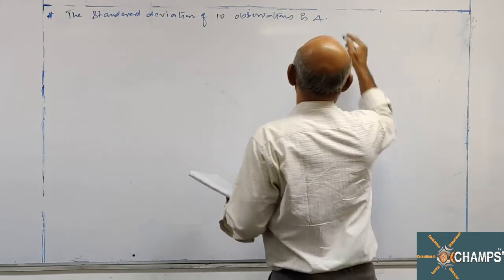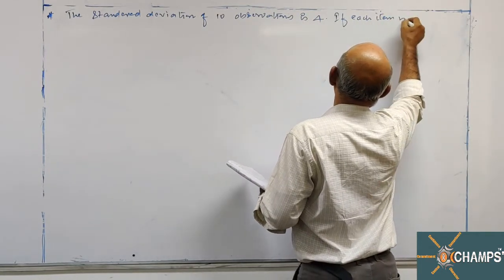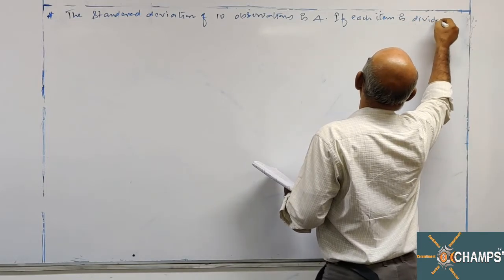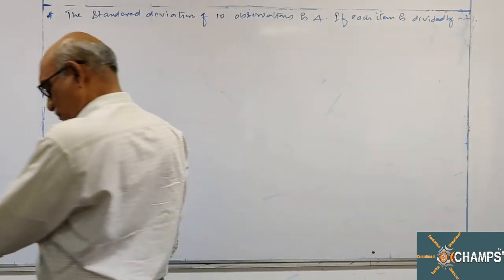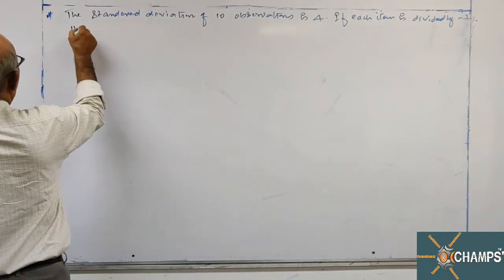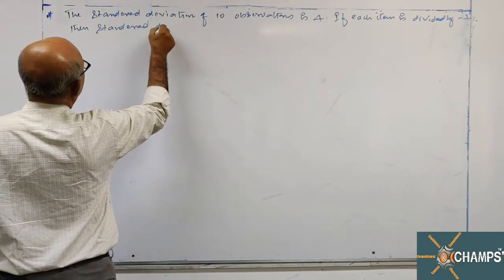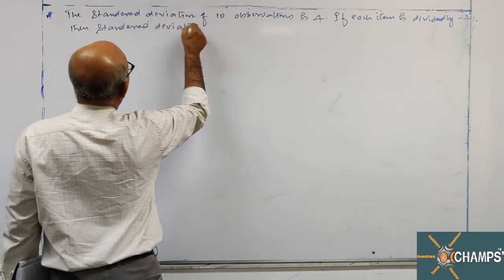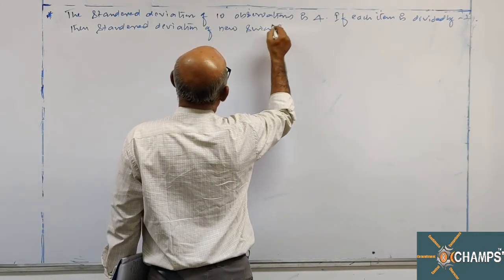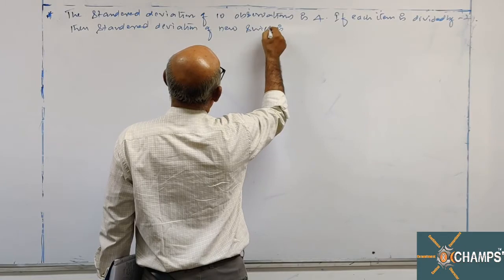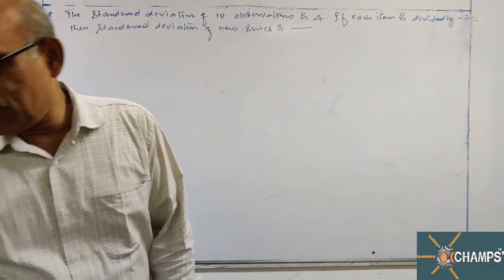If each item is divided by -2, then the standard deviation of the new series is?